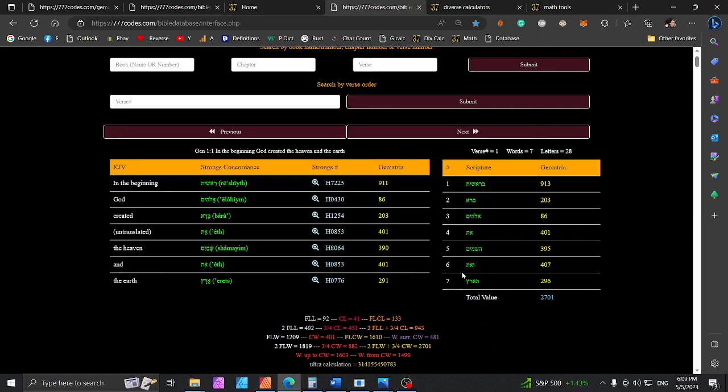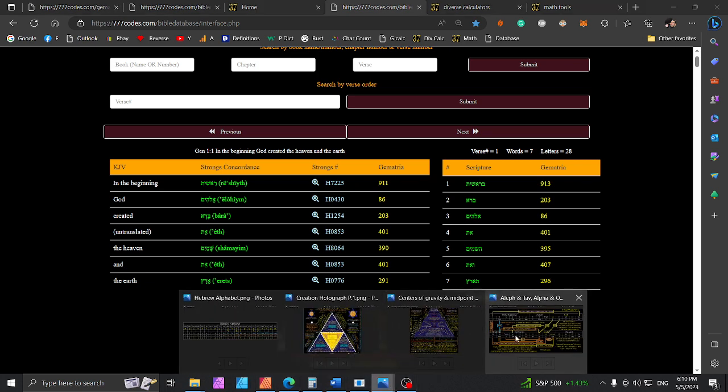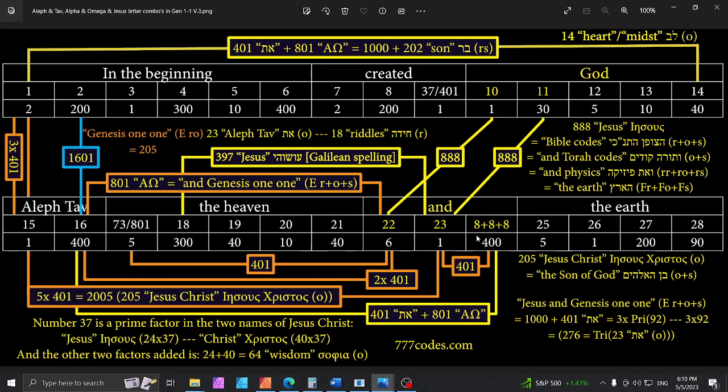So let's go back to the image we looked at before this. If you notice, if you add all letters from 1 to 23, you will get 5 times Aleph and Tav.